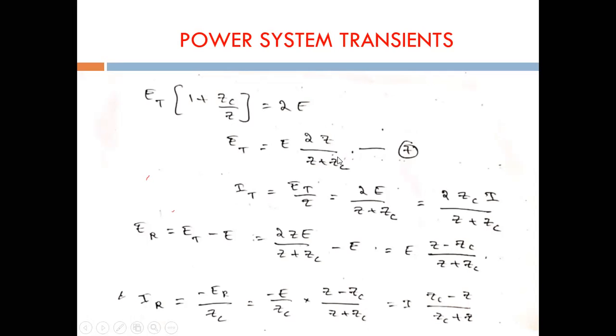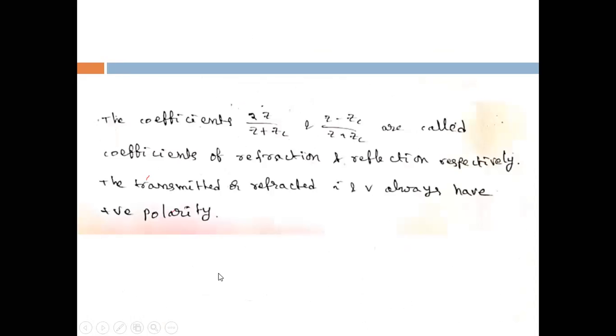Then IT is equal to ET by Z, that is 2E by Z plus ZC. Then ER is equal to ET minus E, and IR is equal to minus ER by ZC.